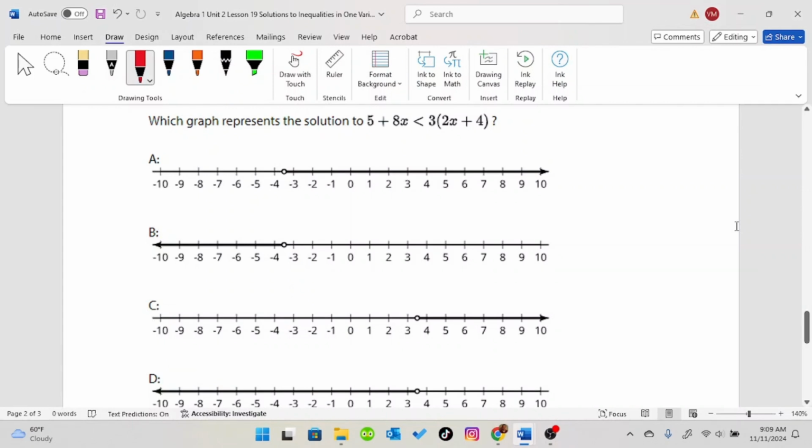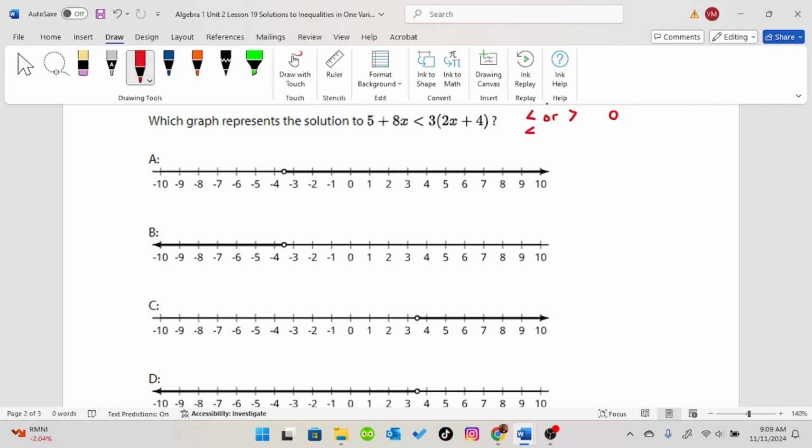Our last practice problem: which graph represents the solution to 5 plus 8x is less than 3 times 2x plus 4? So, the first thing we need to understand is that if you have less than or greater than, you're going to have a hollow circle.